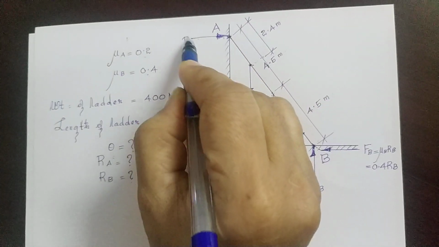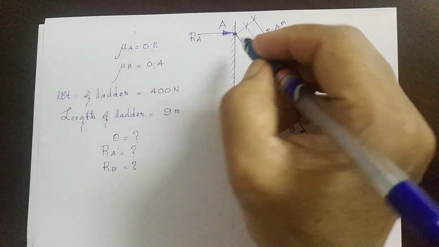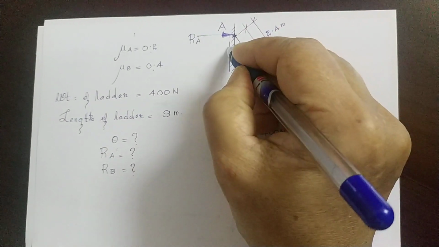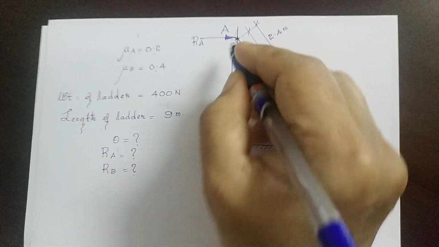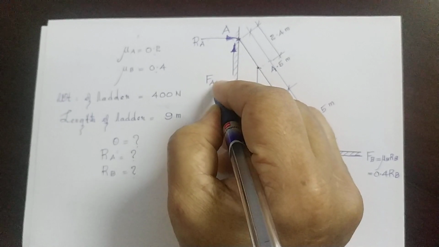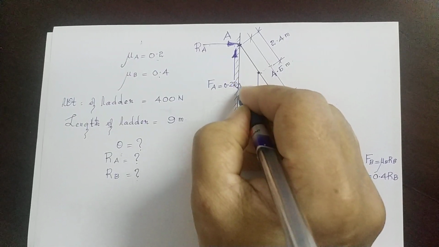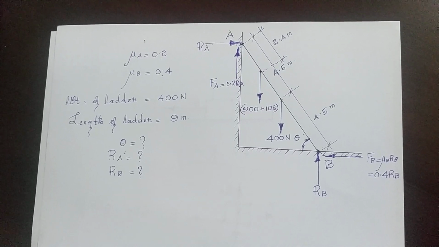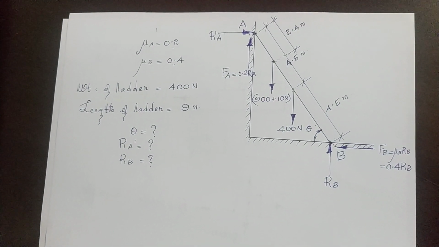This would be RA, and the friction is acting upwards. Since the head of the ladder slips down, friction would be acting upwards. FA is equal to mu A RA, or FA is equal to 0.2 RA. So we have drawn all the forces in this free body diagram.